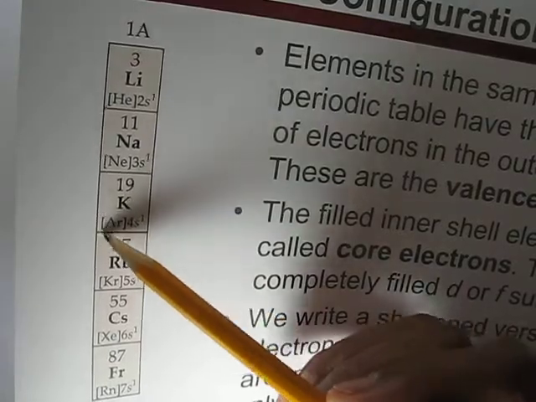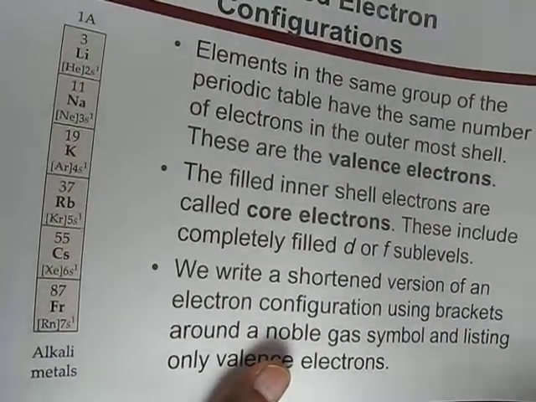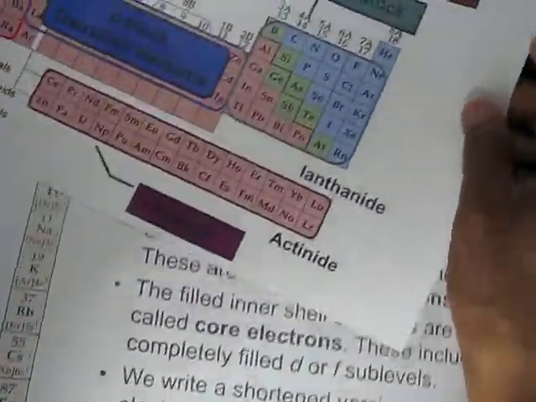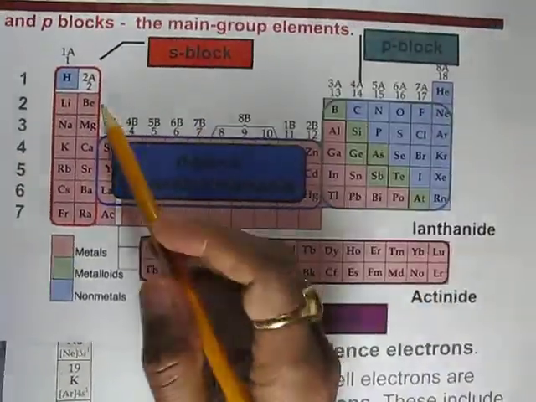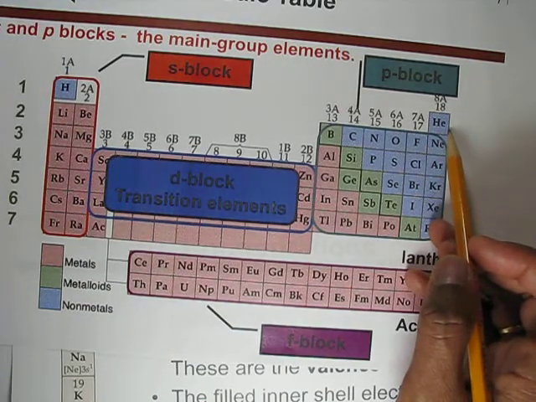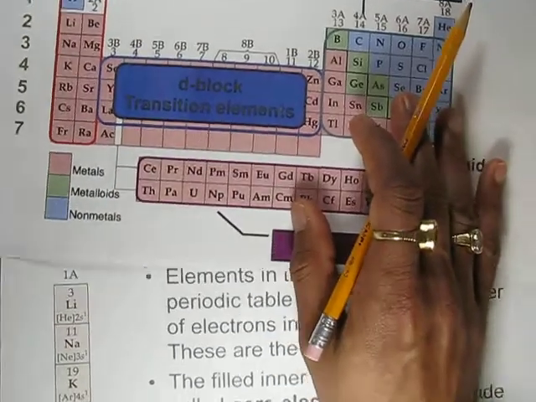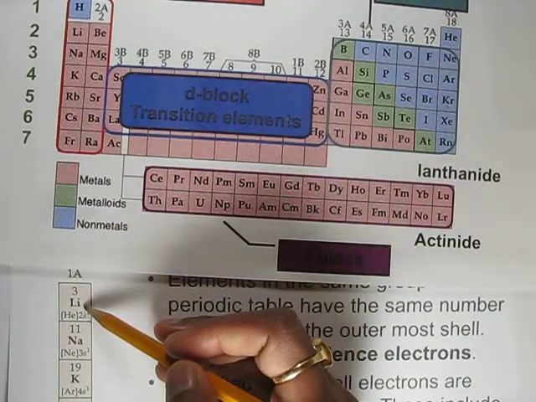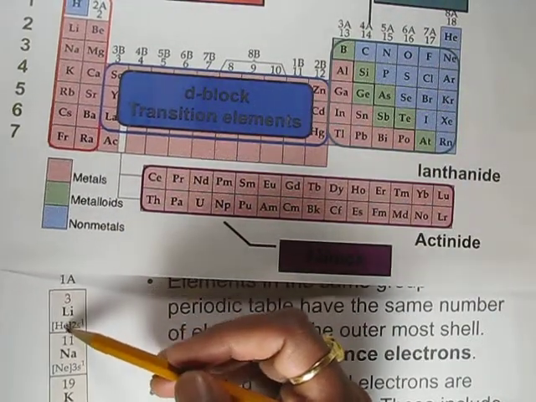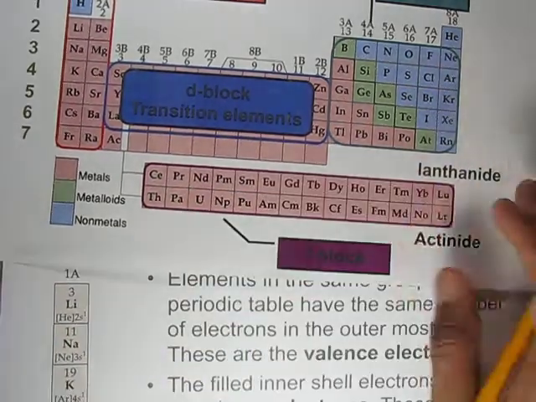In case of potassium, you can also write argon plus 4s1. What does it mean? It means that lithium is coming after helium. So helium has a total of 2 electrons and lithium has 3 electrons. So we can summarize this lithium electronic configuration as helium, which is 2 electrons, and then the third electron will come as 2s1.